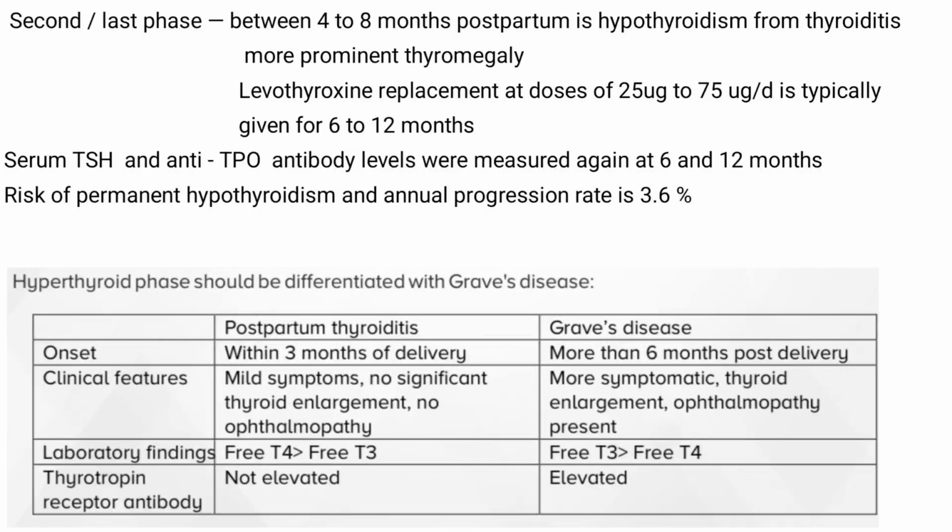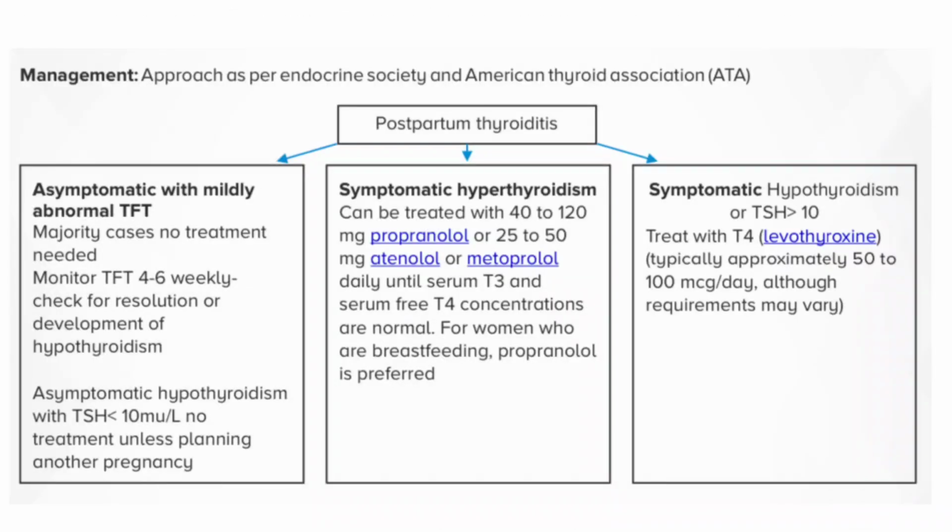There can be thyroid enlargement also, and ocular signs are also seen. When we check free T3 and free T4 levels, in Graves' disease T3 levels are higher, while in postpartum thyroiditis free T4 levels are higher. Thyroid antibodies are seen in Graves' disease, while they are absent in postpartum thyroiditis.